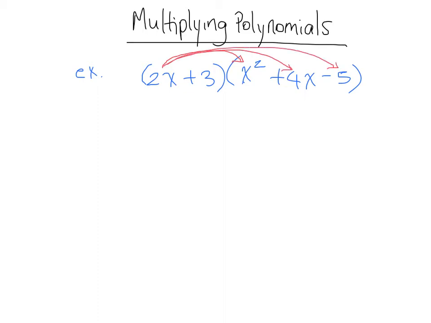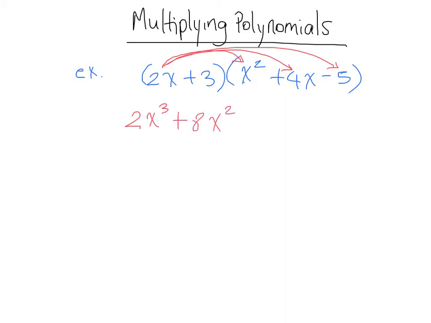So we have 2x times x squared gives us 2x to the third, because as you know, x to the 1 times x squared is x to the third. We did that last unit. Plus 2x times 4x gives us plus 8x squared.